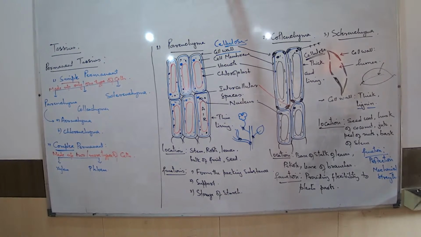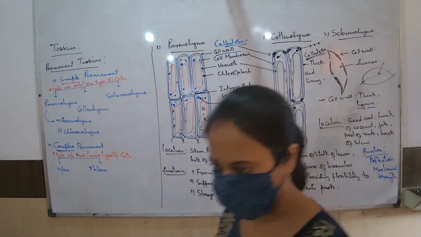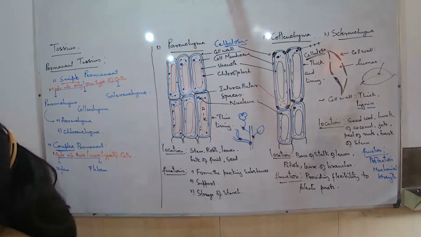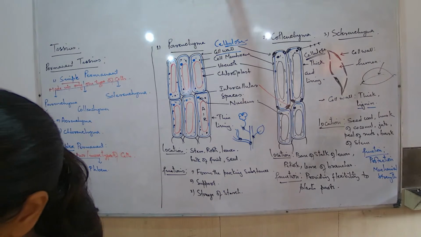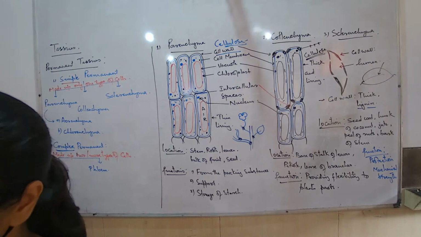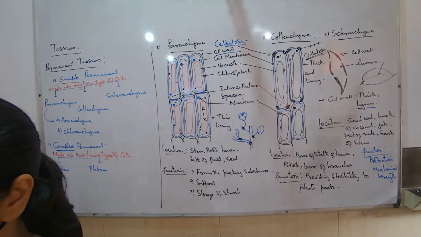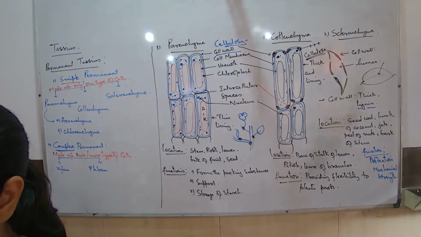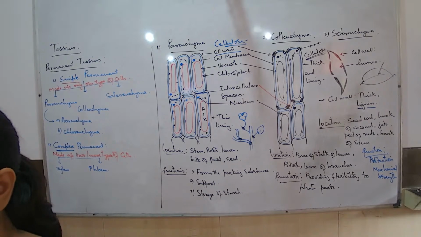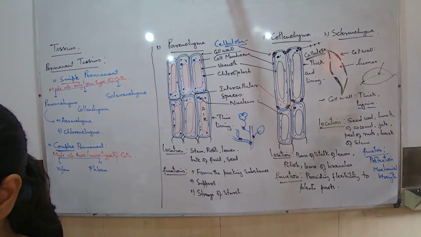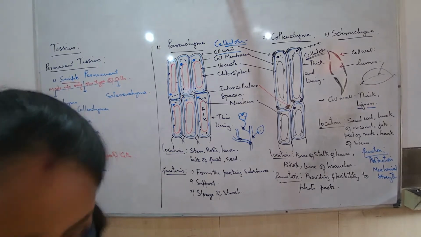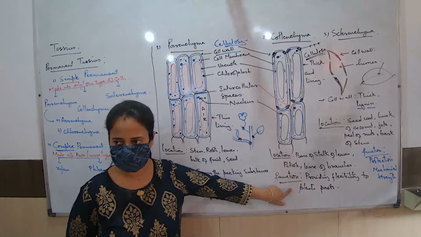Third difference, in parenchyma write: forms the packing substance of the plant. In collenchyma, provides flexibility to plant parts.